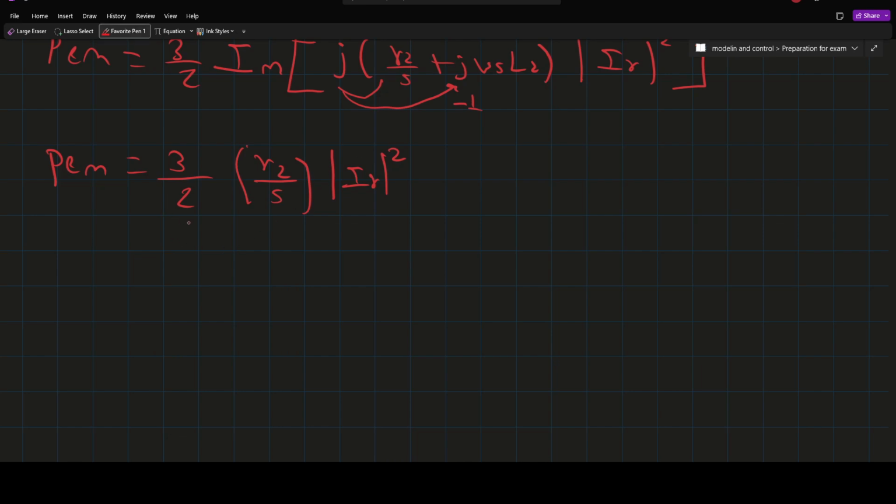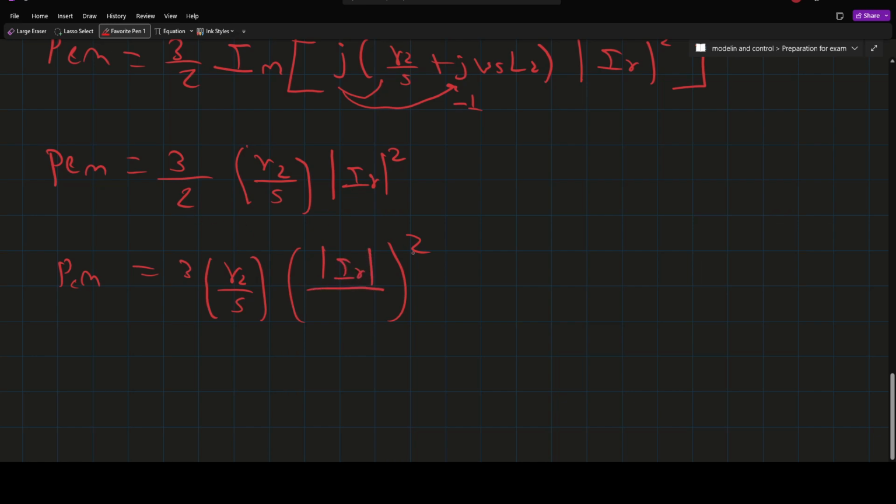Now if we try to put the 3 halves together with this square, we have 3 r2 over s, and if we have a square here, we have ir.